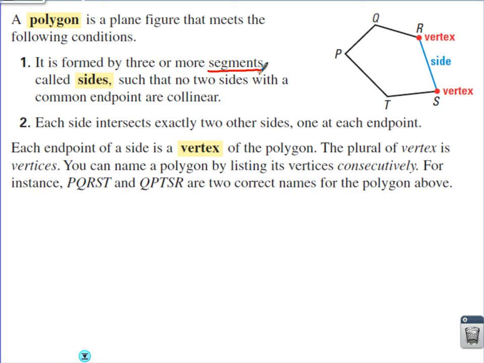That's not really important. Just make sure that you know all the sides are line segments. Each side intersects exactly 2 other sides, one at each endpoint, and each of these endpoints is called a vertex. So in this case, not only does it have 5 sides, but it has 5 vertices. You have a vertex at each intersection, and those vertexes, plural, would be vertices.